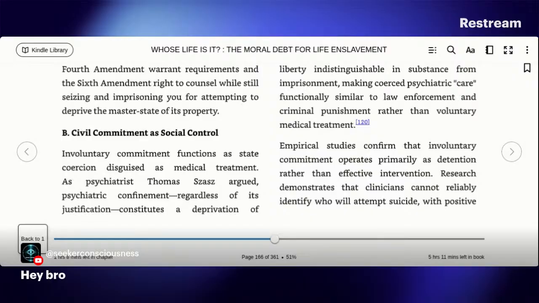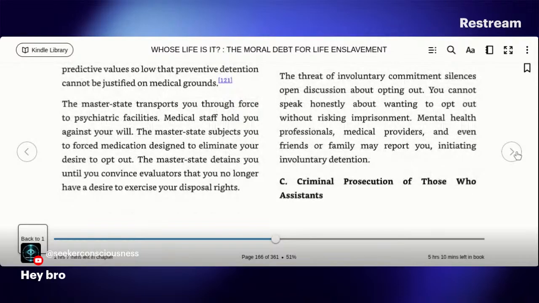clinicians cannot reliably identify who will attempt suicide, with positive predictive value so low that preventative detention cannot be justified on medical grounds. The master state transports you through force to psychiatric facilities. Medical staff hold you against your will. The master state subjects you to forced medication designed to eliminate your desire to opt out.